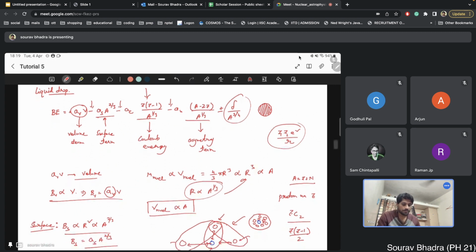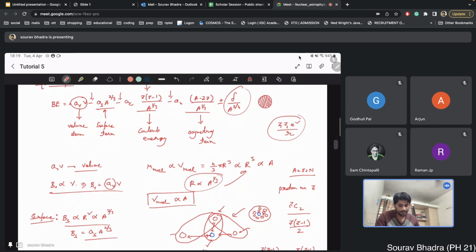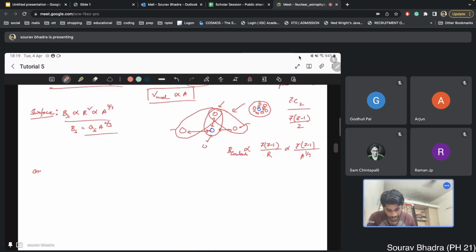Now comes the fourth term, which is the asymmetric term. Pardon me if my spelling is wrong. So why does this come into the binding energy calculation? For helium we have two protons and two neutrons.